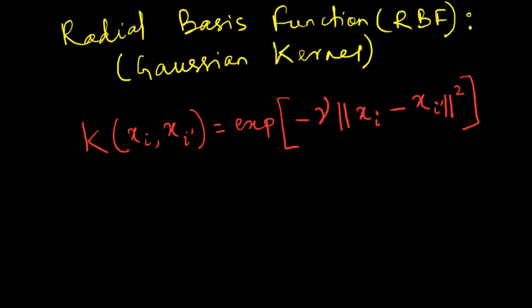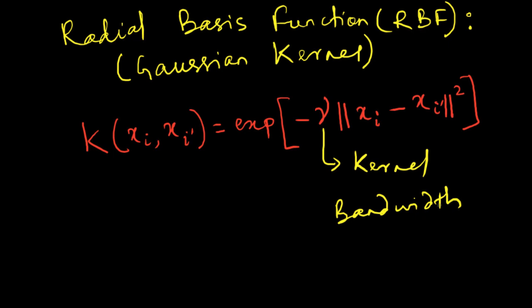So this gamma is sometimes called the kernel bandwidth. Although, as I said, there are other kernel functions also available apart from the two others which I showed, in SVM problems the RBF is the first default choice, and you worry about other kernel functions only if this one does not work.